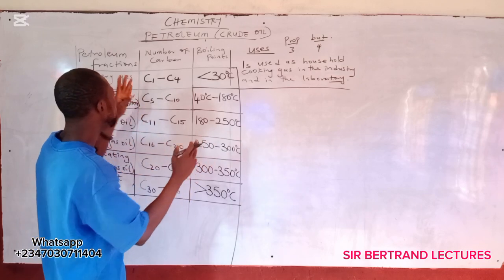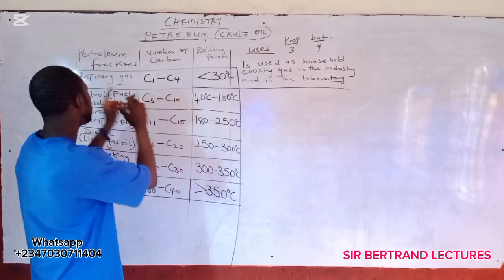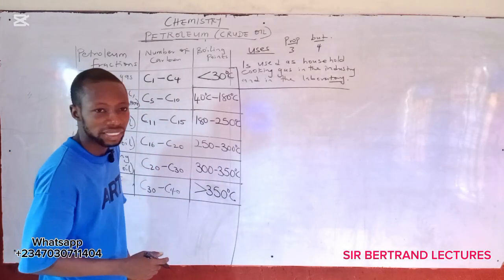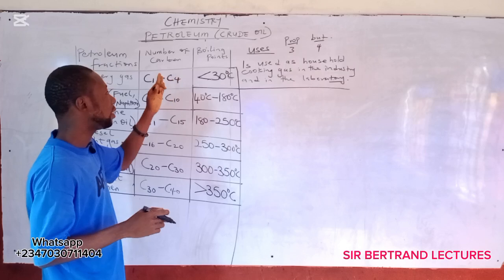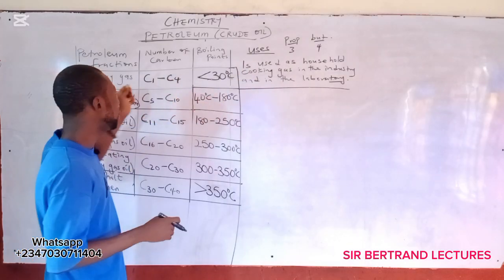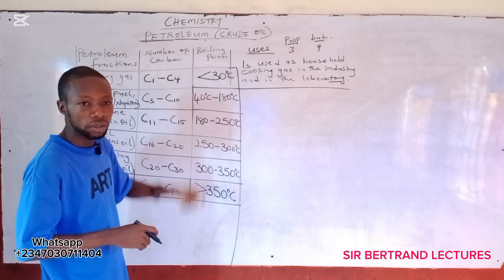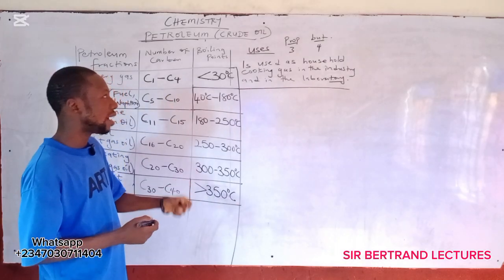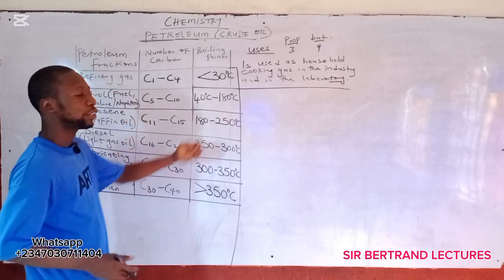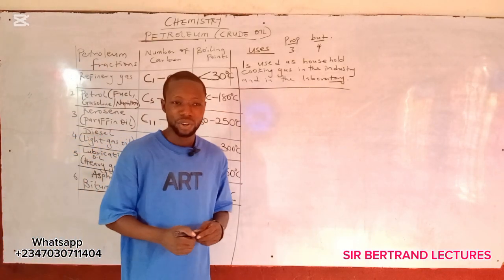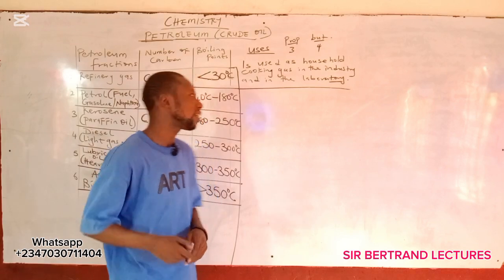If you combine methane, ethane, propane, and butane, you are going to obtain this refinery gas. These are the components that make up the refinery gas, and this mixture is used in the industry or in the laboratory as household cooking gas.